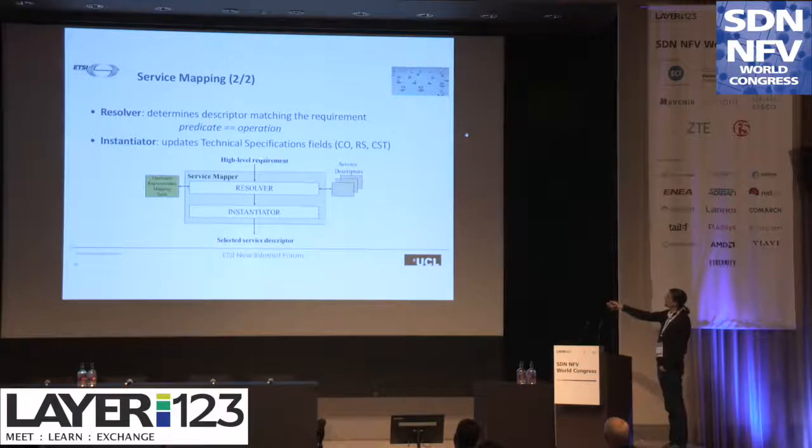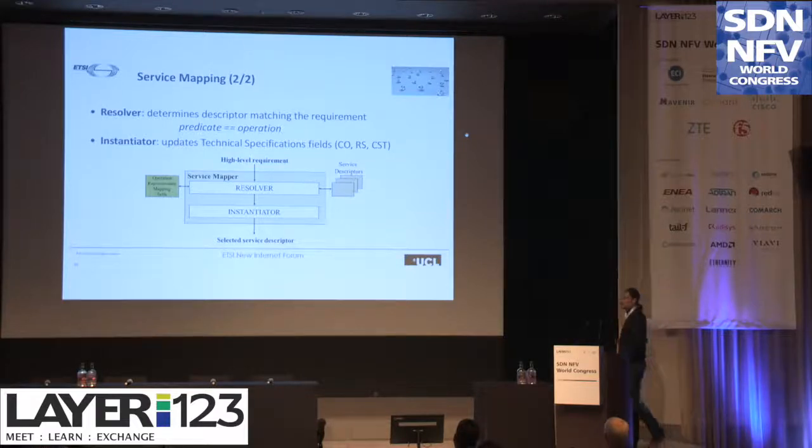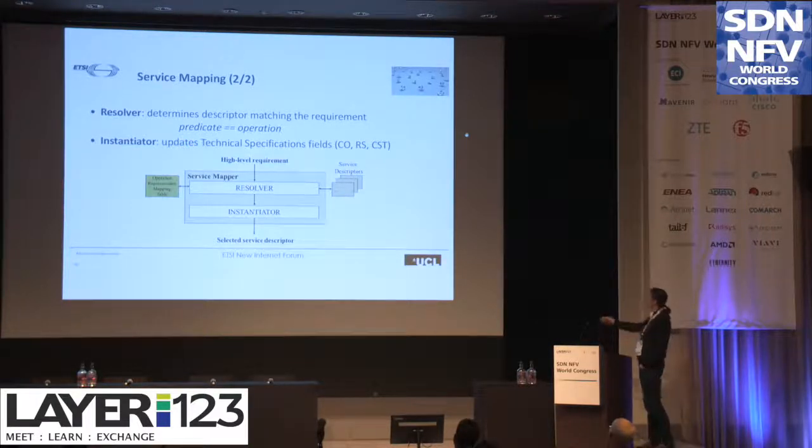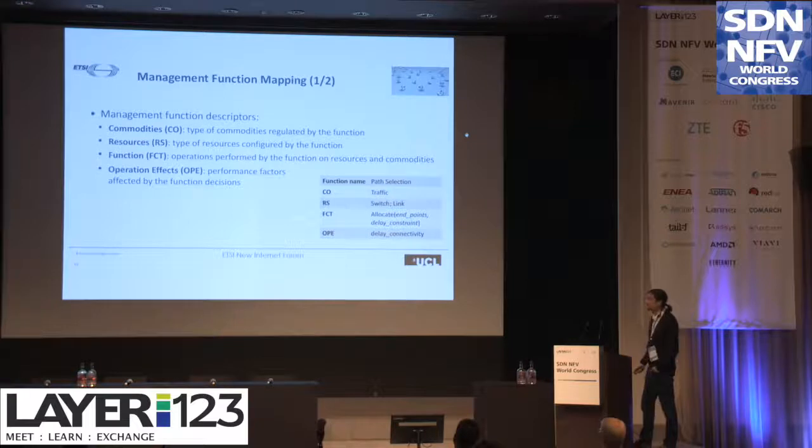And once such a matching is found, we can say that we have found a service that basically relates to the requirement. Once this is done, the instantiator, the bottom component here, updates technical specification fields, the commodity, the resource, and the constraint. So as an output, the selected service descriptor is sent to the management function mapper.